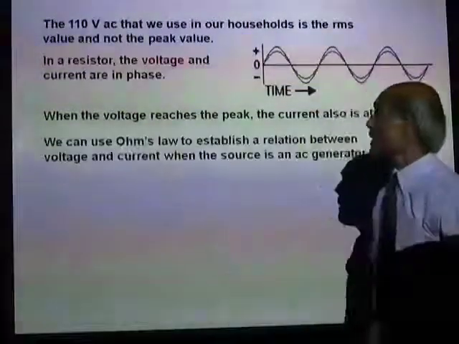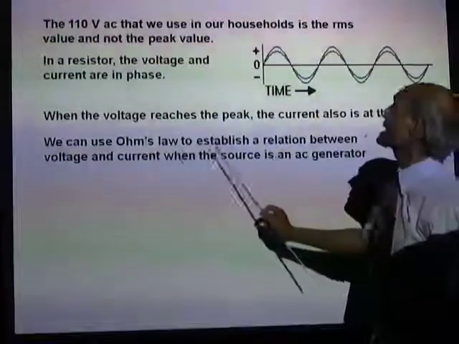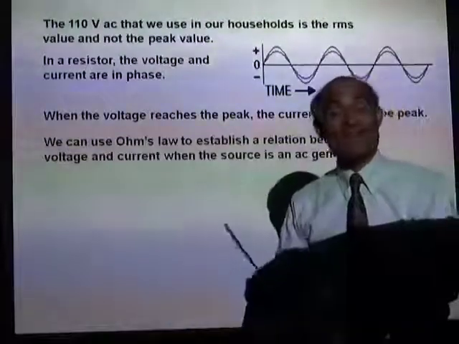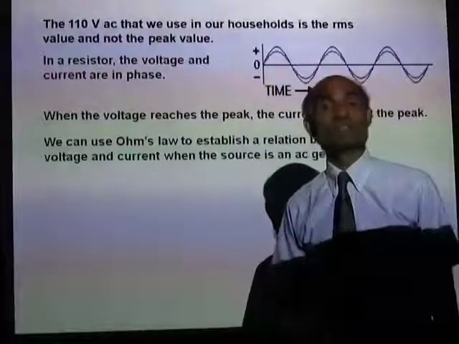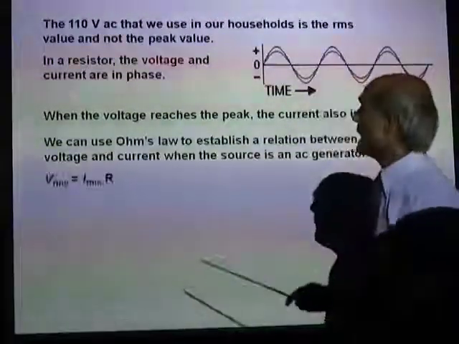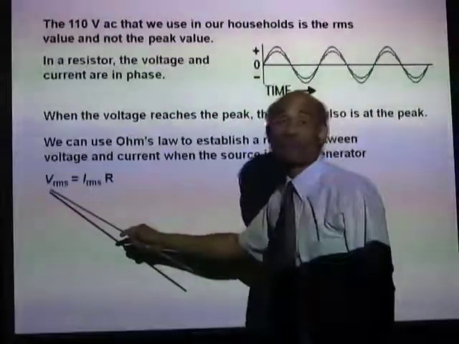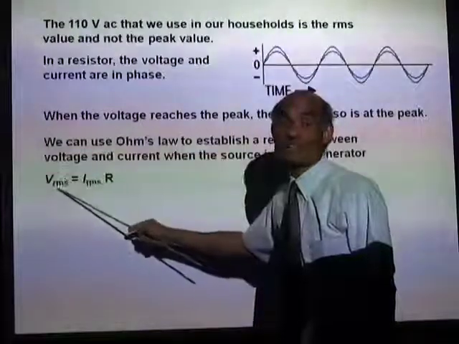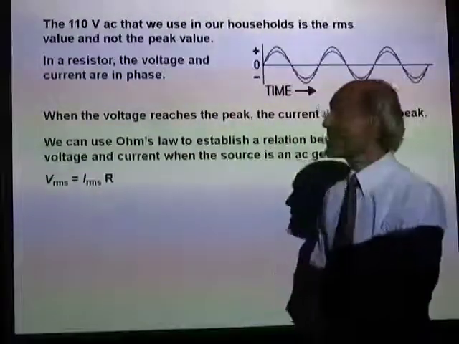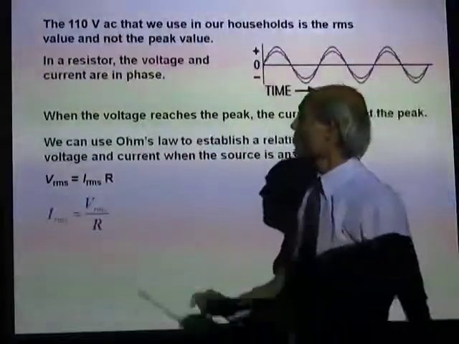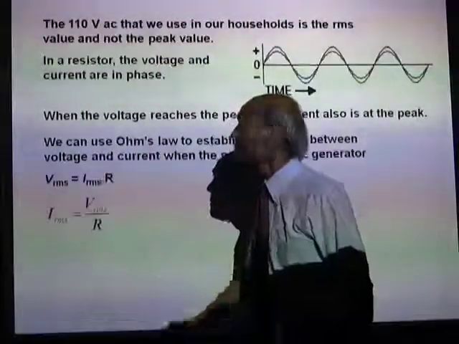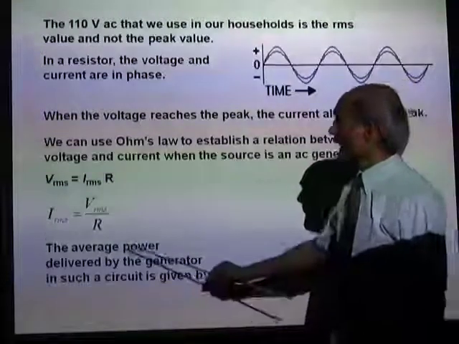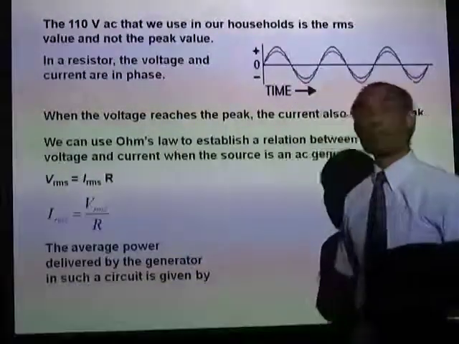Now we can use Ohm's law to establish a relation between voltage and current. Yes, when an AC passes through a resistor, we can use Ohm's law, and that will give us a relation between V RMS and I RMS, as V RMS equal to I RMS times R, or I RMS equal to V RMS divided by R. How about the average power?